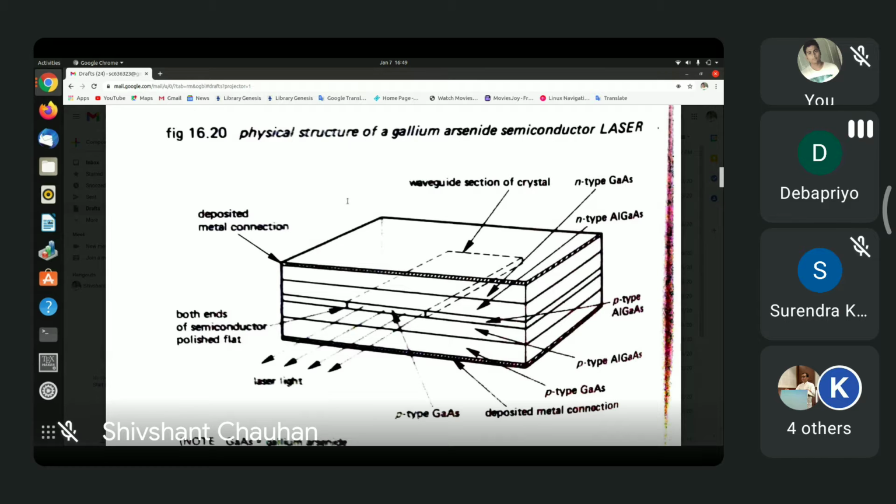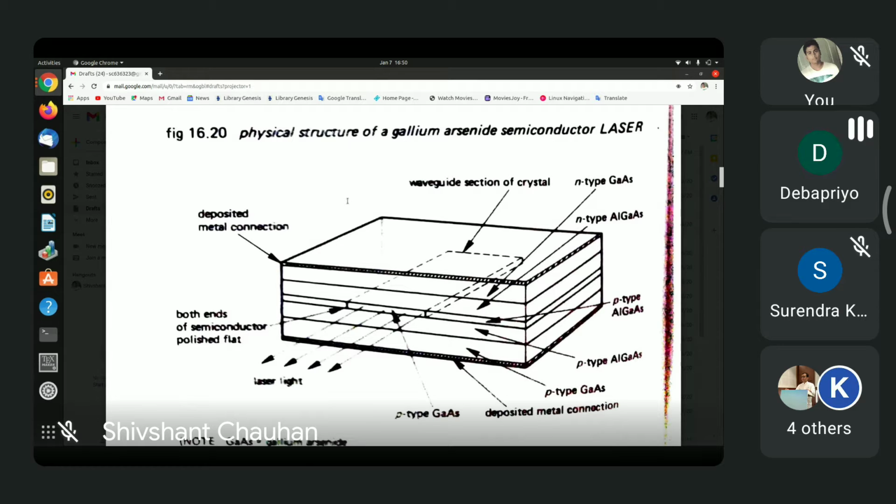They reflect repeatedly back into the region from the interfaces, and thereby the energy density of radiation within the cell phone type region increases, and stimulated emission can take place, and finally lasing action can take place. So that the laser light can come out, you can see that the end faces are polished flat.